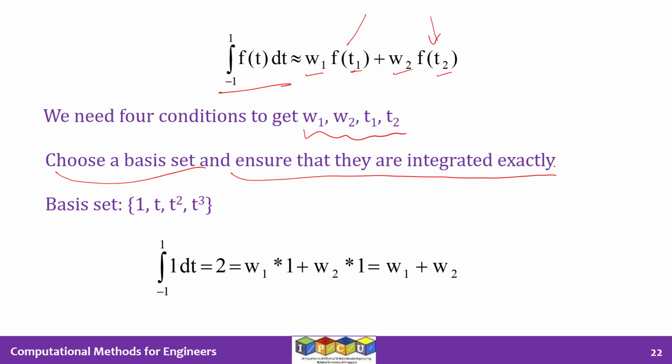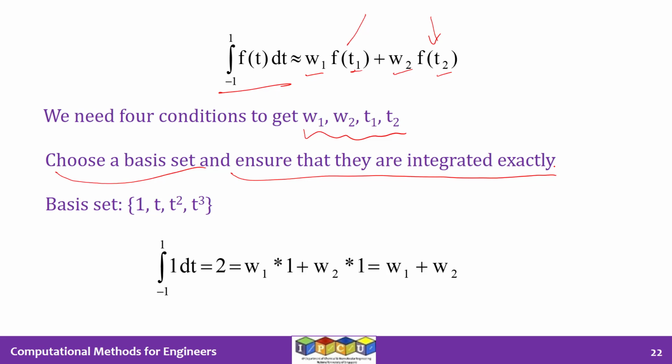So I'm just going to take four possibilities for f of t, and I'm going to integrate the left hand side because they are very easy functions that I'll choose for my basis set, and I will equate it to the right hand side, and I will get four equations that help us to find out W1, W2, T1, and T2.